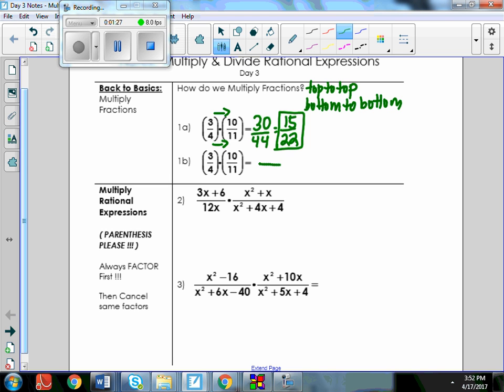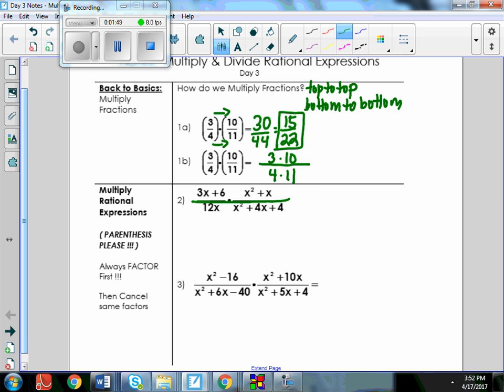Okay. So the thing that makes this assignment exactly like the notes that we just looked at is, if you think about it, it's really just 3 times 10 over 4 times 11, which is all we're going to do when we work these problems. We're going to say all of that's on the top because it's multiplied. Okay? Because that's the same thing as what we just did, right?